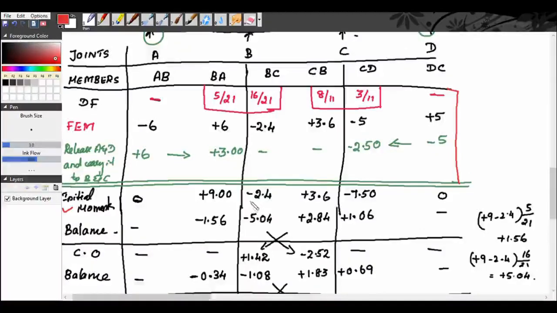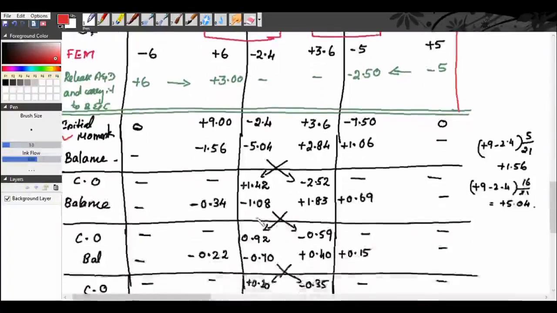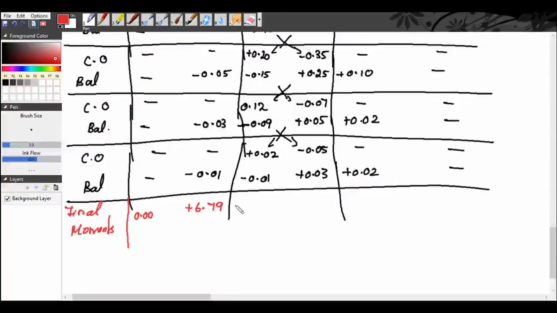Now for BC, minus 2.4, minus 5.04. See, avoid this, okay? That is not needed for us. We have to start below the double line. So it is minus 2.4. Start from the initial moments. So add minus 2.4, minus 5.04, add everything, we get minus 6.79.